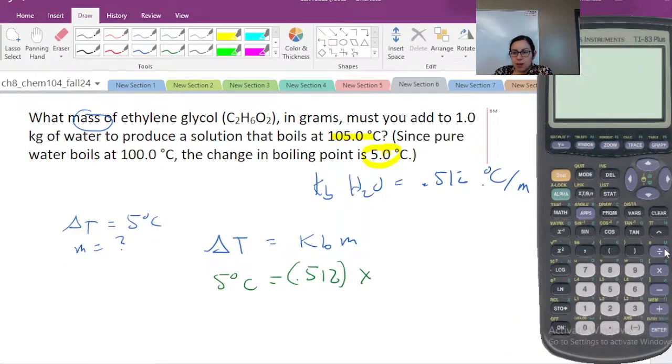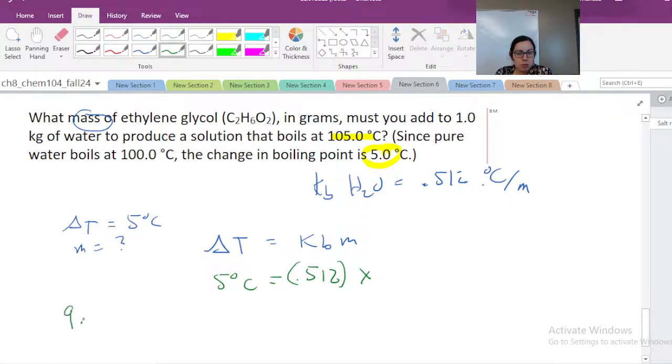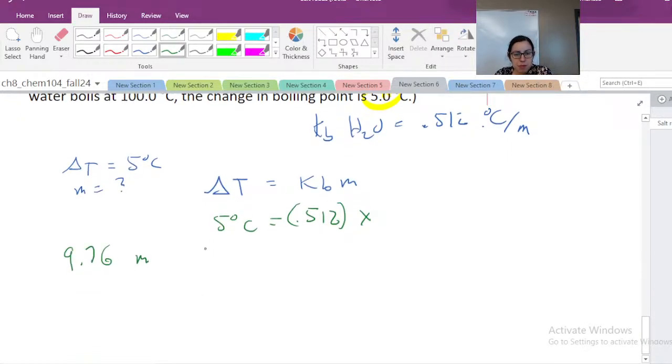So now 5 divided by 0.512. So we should have a molality of 9.76 little m. And remember, molality is moles over kilogram.